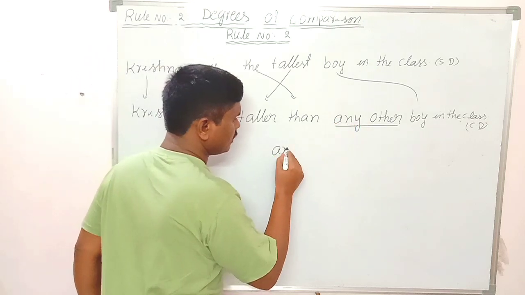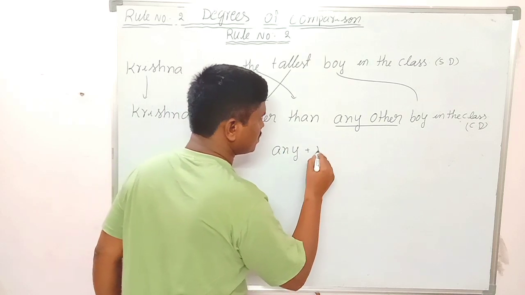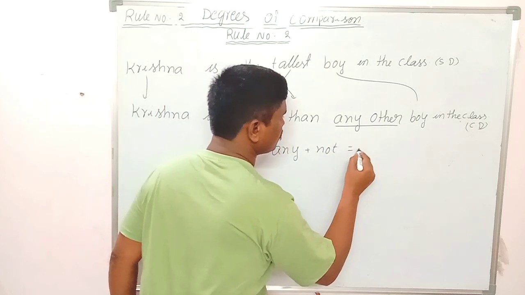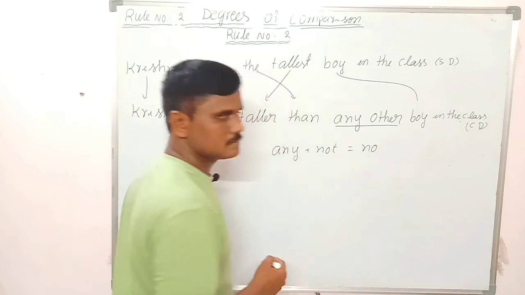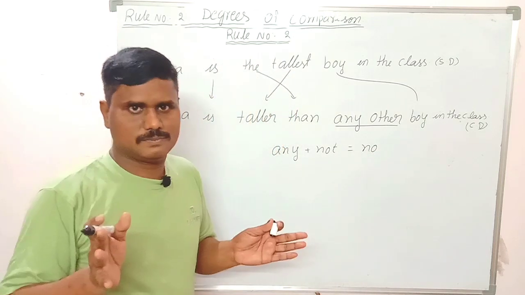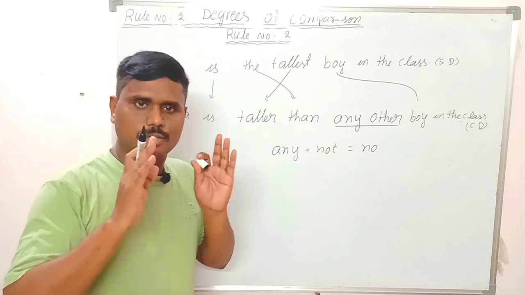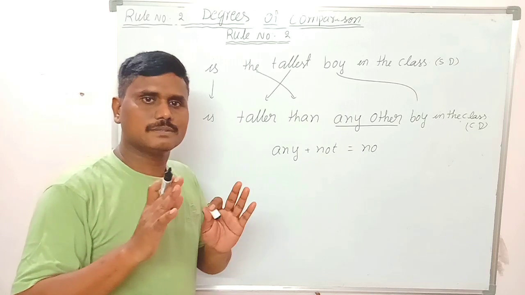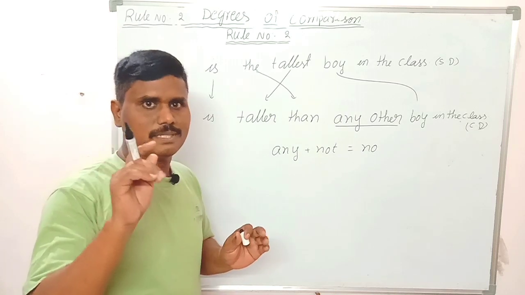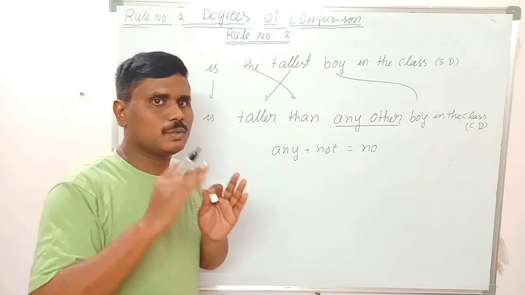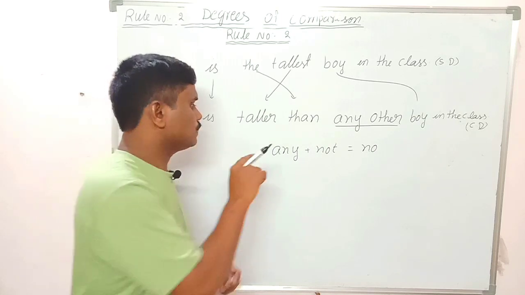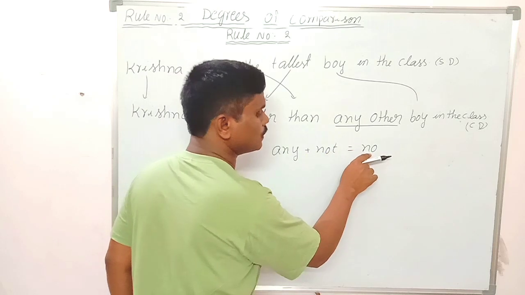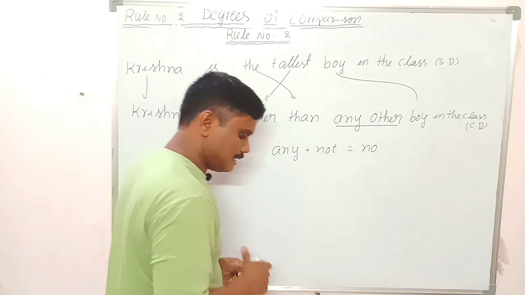That is any plus not is equal to no. Be careful. I have no money. I don't have any money. I have no money. No, I don't have any. So any not is equal to no. Be careful. This is the logic.